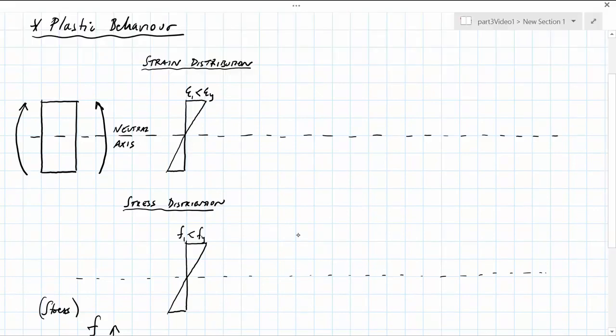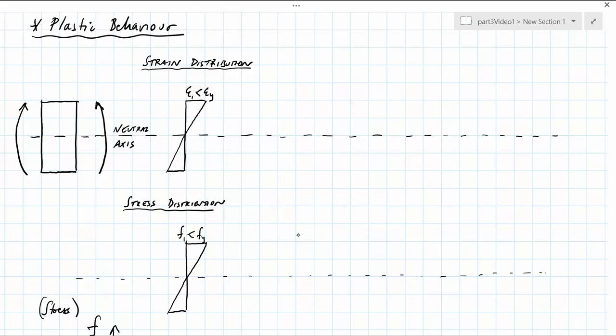To understand the plastic response of a structure, we consider a cross-section of a structural element undergoing bending. Initially, the strain is set to a value epsilon 1, which is less than the yield strain epsilon y.